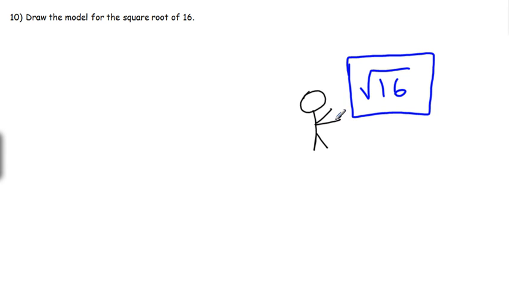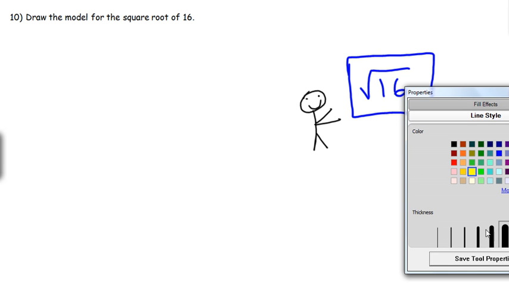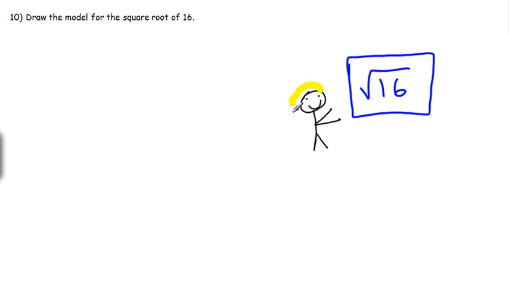Let's try again. Point, point, happy face. And let's give her, because it's a model, and not to say all models are blonde, but this model's blonde. Really long hair. And she is modeling the square root of 16.